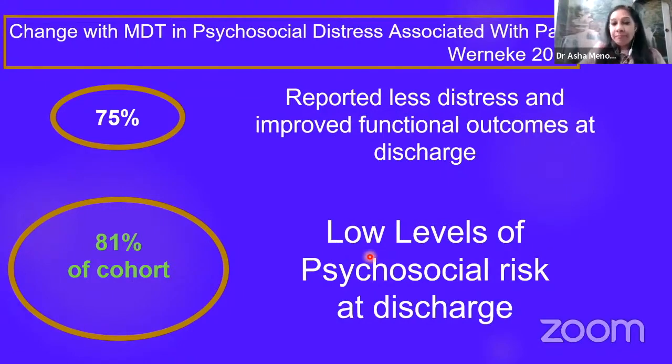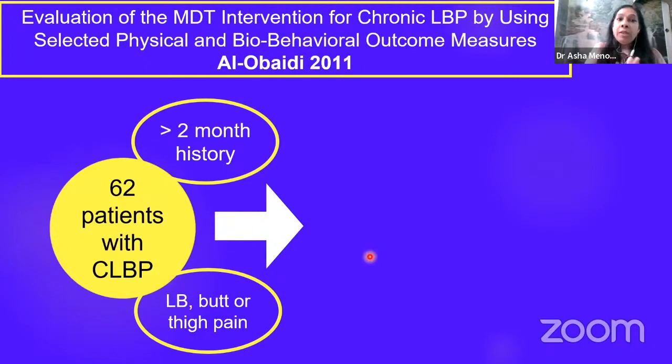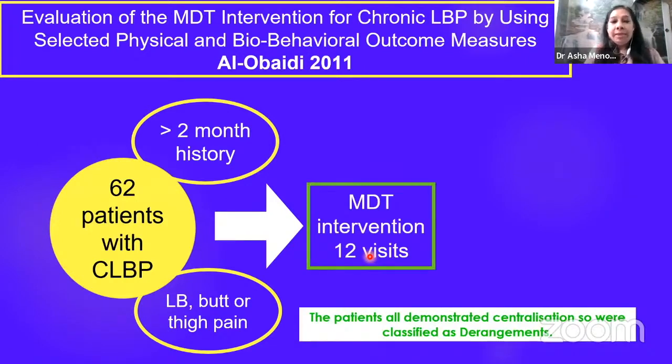So let's look at Al-Obaidi 2011, which looks at 62 patients with chronic low back pain with a greater than 2 month history, and they had low back pain with buttock or thigh pain, and MDT intervention was done. So you see 12 visits were done in these patients.